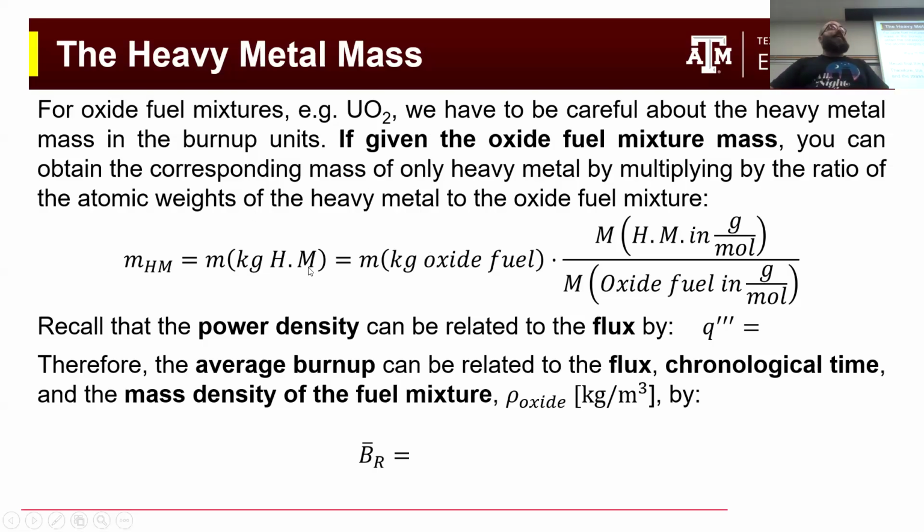To get the mass of heavy metal from that, you take the mass of your oxide mixture and multiply by the ratio of the molar mass of your heavy metal to the molar mass of your oxide fuel. Multiplying by that ratio converts the total mass into just the mass of the heavy metal that's there.